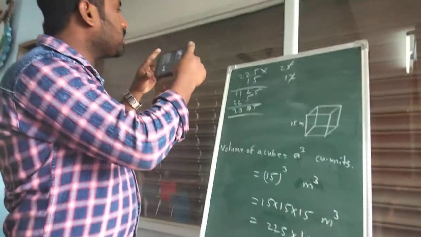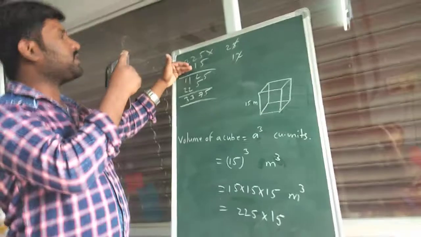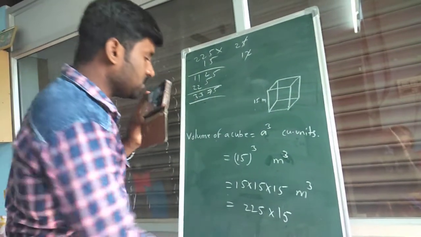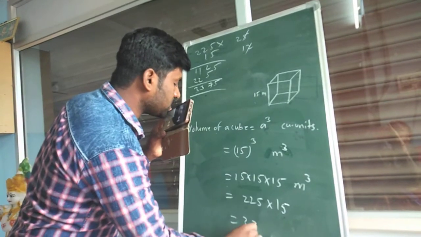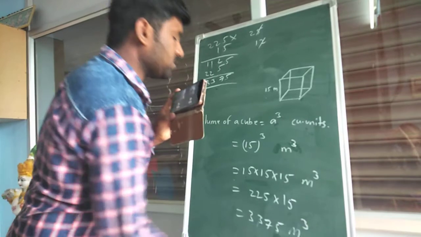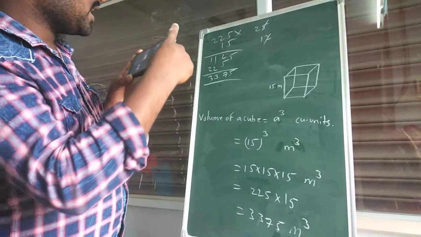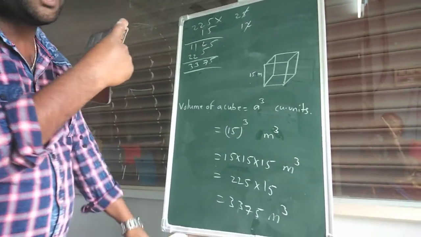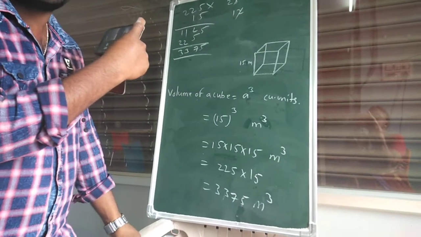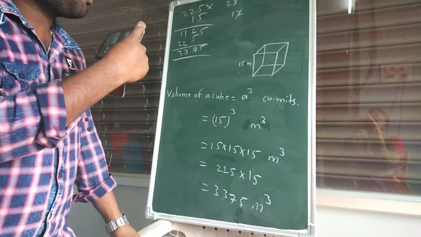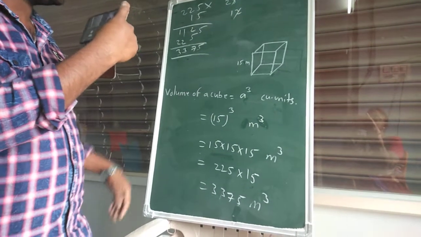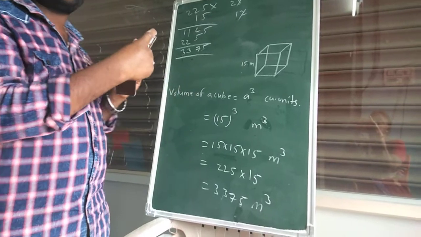Okay students, so 225 into 15 means we are getting 3375, so that is 3375 cubic meters. So if you know the total surface area or lateral surface area of a cube, by using the formula you can find the side of a cube first, afterwards find its volume. This is the procedure.